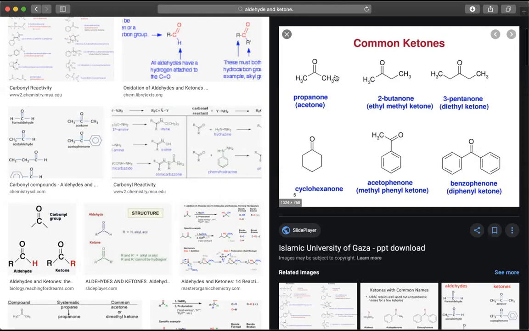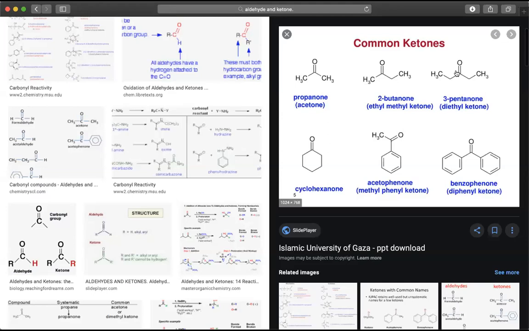Now with this one, we are saying the carbonyl function is placed at carbon number 2. So in this case, when we count, this is going to be carbon number 1, and carbon number 2.